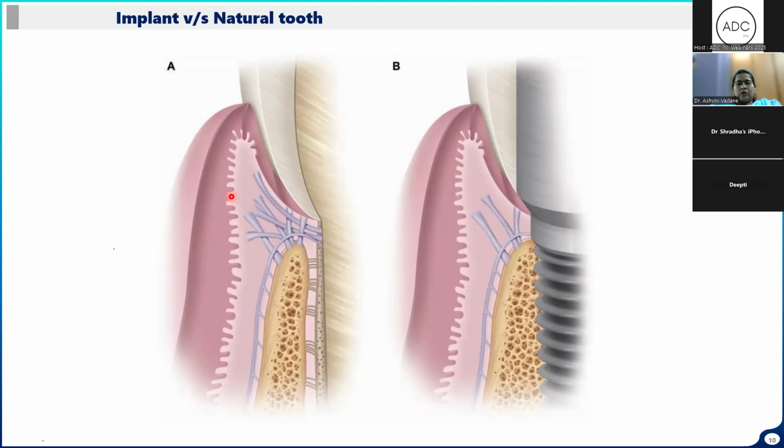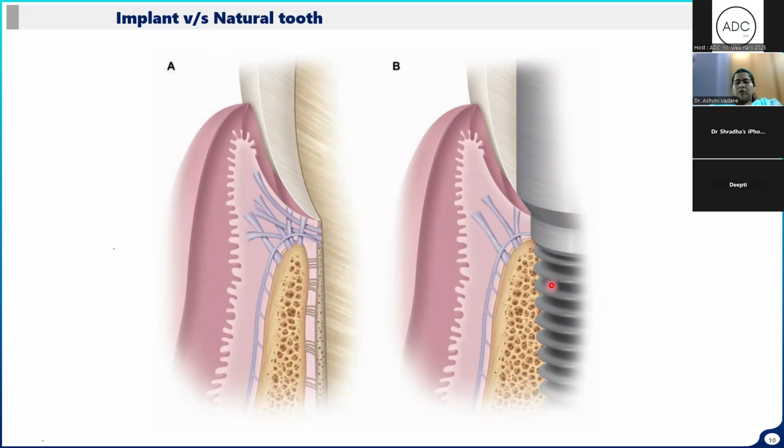The first picture, labeled as A, is of a natural tooth, and the second one is the dental implant. So as we can see, what is the major difference? If you observe very carefully, in the first picture you can see there is the periodontal ligament, and blood vessels are going through the tooth.